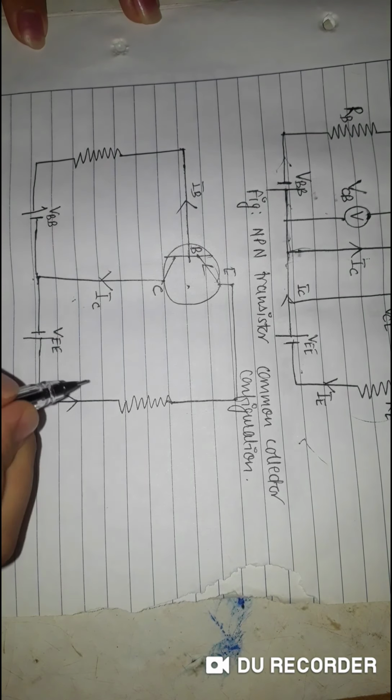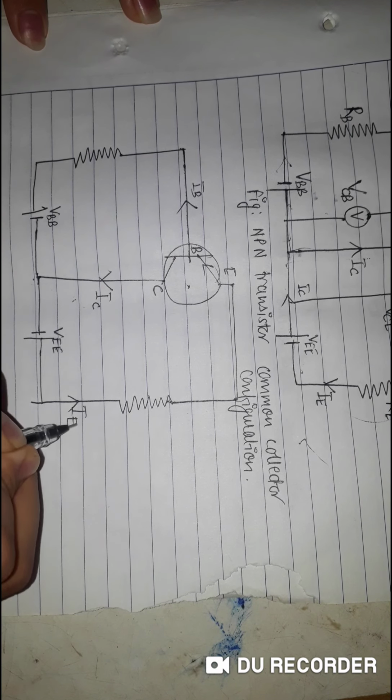So here it is, the positive terminal is over here, so let's switch it, the negative here and positive here. And let's switch this as well, positive here and negative here. So this will be labeled as VBB, and VEE same as above, and IE will be going this way, and there is not much difference. Now we'll add the final thing to it.